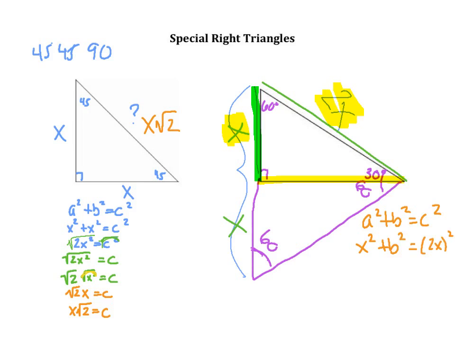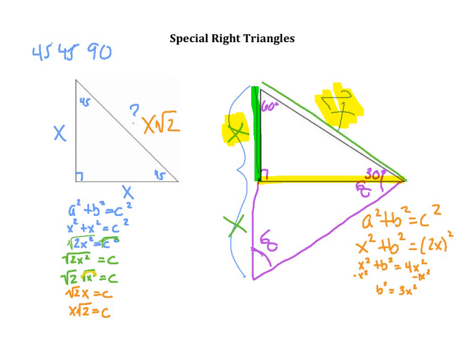To continue simplifying, I'm going to have x squared plus b squared equals, when I simplify the exponents, I'm going to have 2 squared, which is 4, and then x squared. Now to get the b by itself, I'm going to move the x squared to the other side. So I have b squared equals 4 minus 1 is 3x squared.